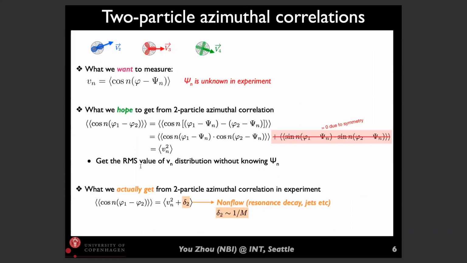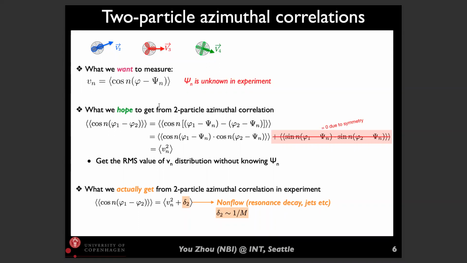Now let me repeat. The flow is defined as the azimuthal angle of the produced particle with respect to a common symmetry plane. The definition is very clear. However, the flow symmetry plane is unknown in experiment. You cannot construct it event by event. So what we can do is use particle azimuthal angle correlations, for example two-particle correlation.